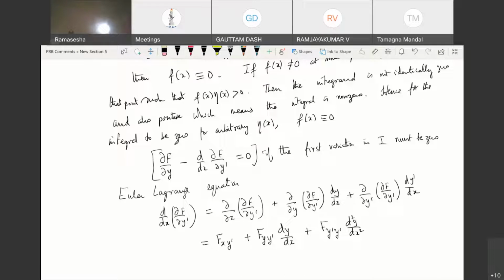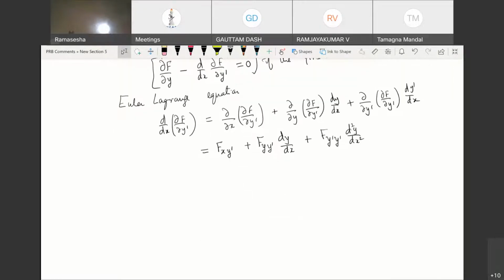So I can also write f y prime y prime d squared y by dx squared, plus f y y prime dy by dx, plus f of x y prime, minus f of y is equal to 0.